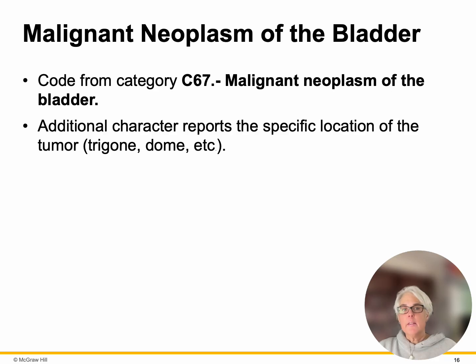When I see a C67 code, I want to know exactly where in the bladder the tumor is. Is it in the trigone, the dome, the lateral wall, the neck, or unspecified? That detail, again, comes from the documentation. And in the documentation, we want to look for the operative report. We want to look for the pathology report.